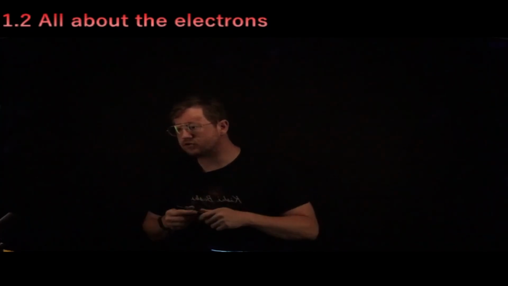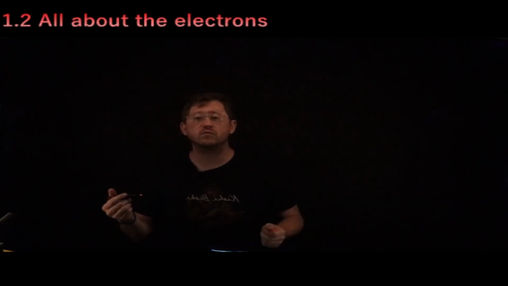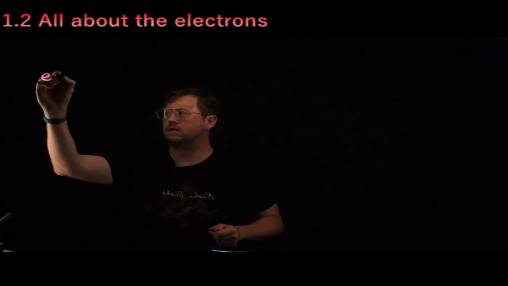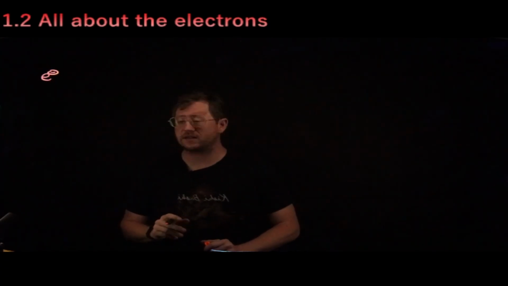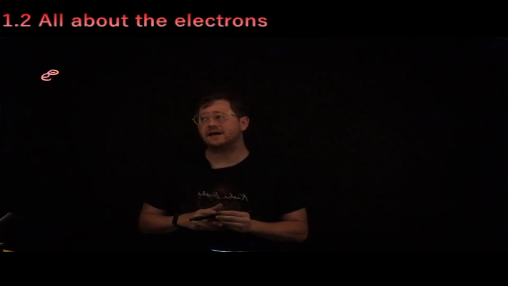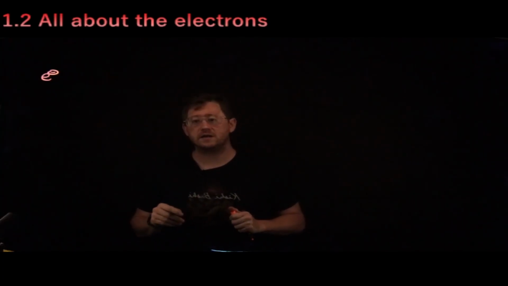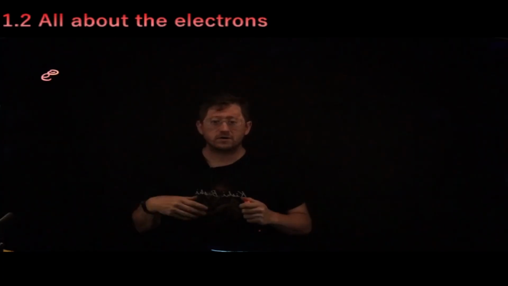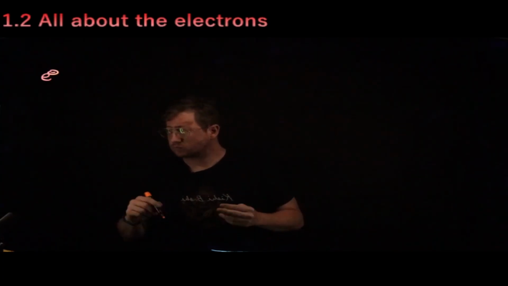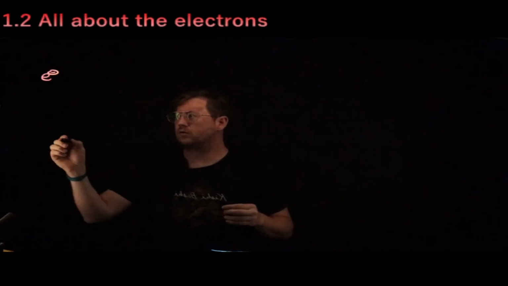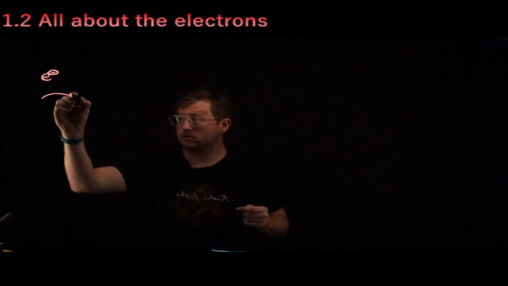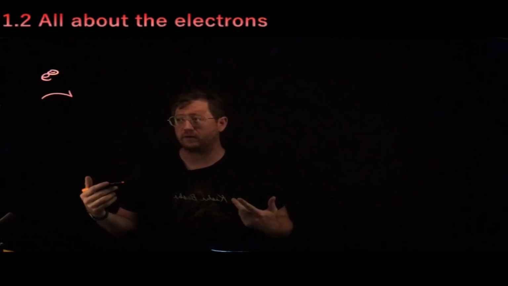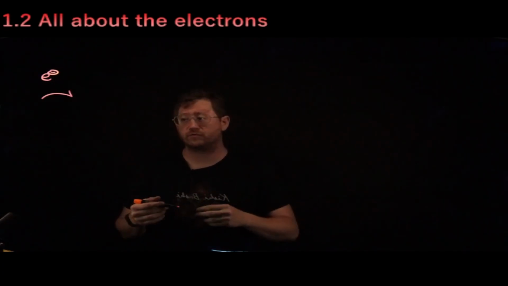So when I talk about the idea of an electron, there's a couple of ways I can represent an electron. One way is just an e with a negative symbol, because the lowercase e and the negative charge tell you that it is an electron. In the future, we'll be using arrows for displaying information about how electrons move through a chemical reaction.